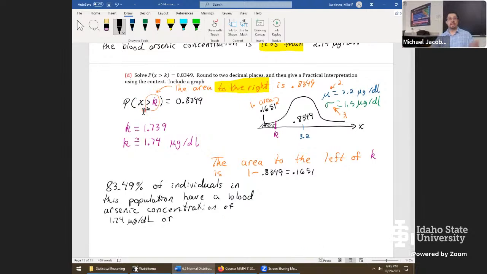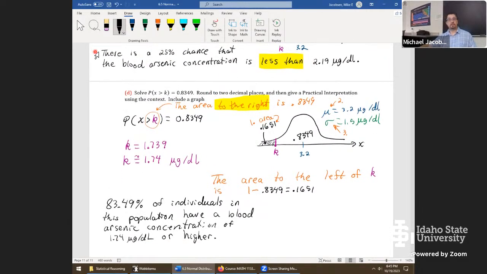Because of the greater than sign, more or higher is probably the better way to say this. Essentially, it's not any too different than the interpretation above, but it's focusing more on just talking about the percentage of a whole population rather than saying select one and have a 25% chance of something happening. So I only wrote out this second version just to say it doesn't have to be exactly the way we write it. If you find another way to convey the same information, that's always completely fine as well, as long as it captures the statement.